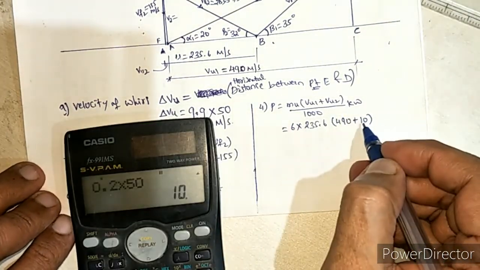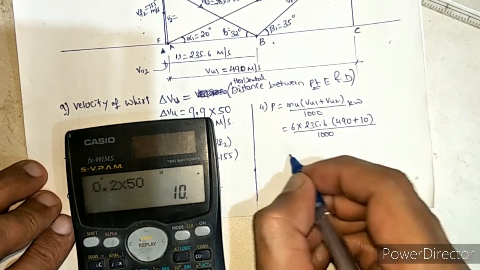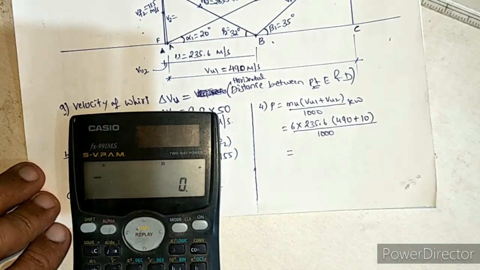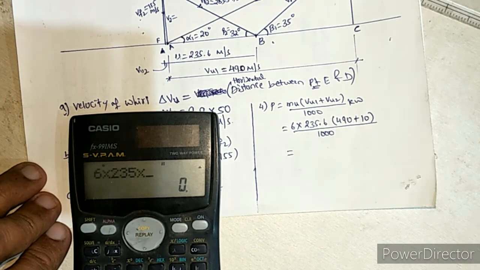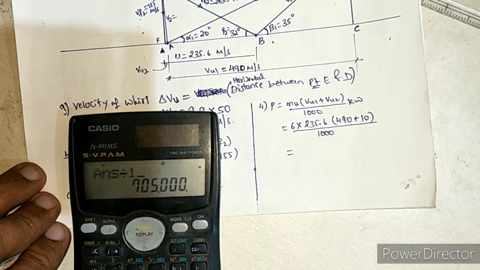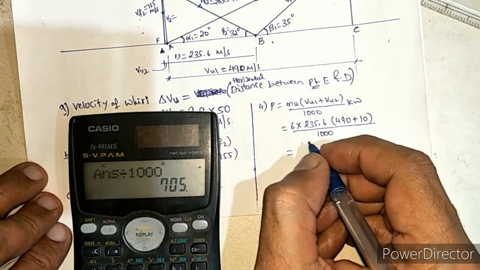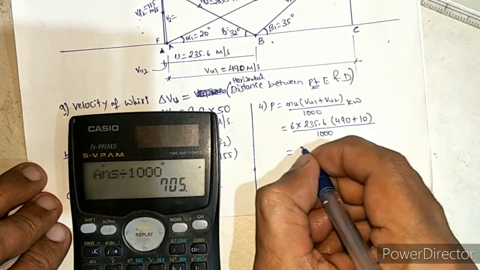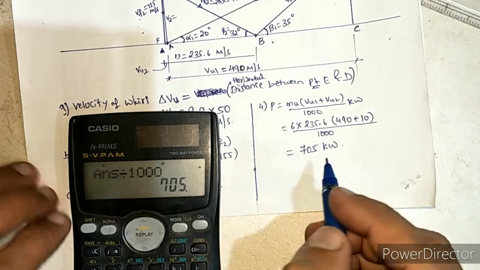So 6 into 235.6 into bracket 490 plus 10 bracket close divided by 1000, so it is 705 kilowatt. This is the power developed.